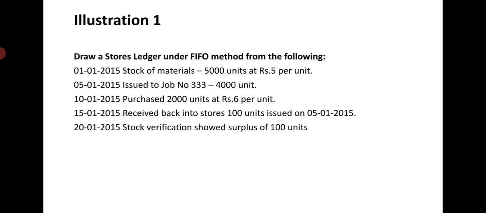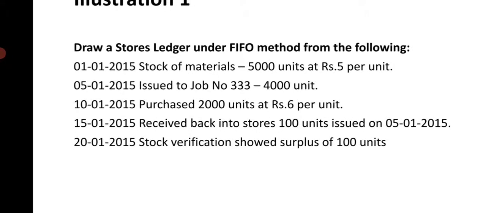Here is the illustration. Draw a store's ledger account under FIFO method of material pricing from the following. On 1/1/2015, stock of material 5000 units at rupees 5 per unit. On 5/1/2015, issued to job number 333, 4000 units.